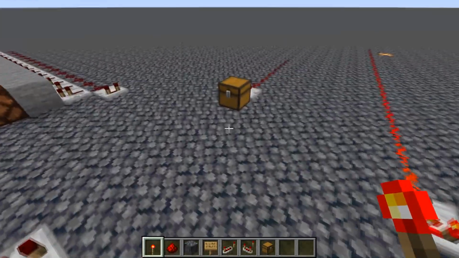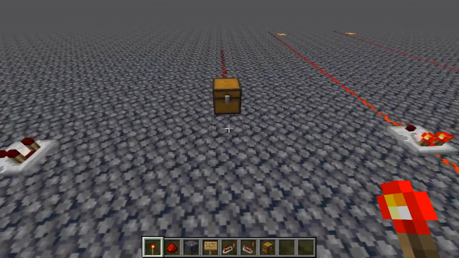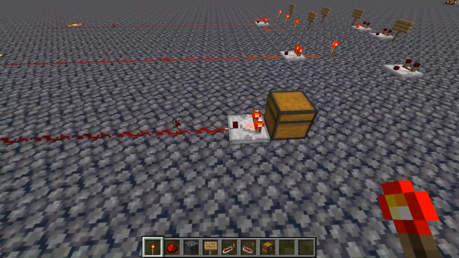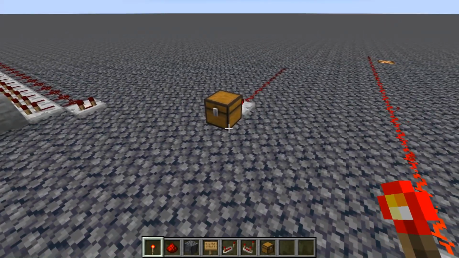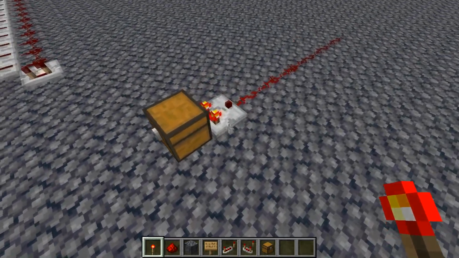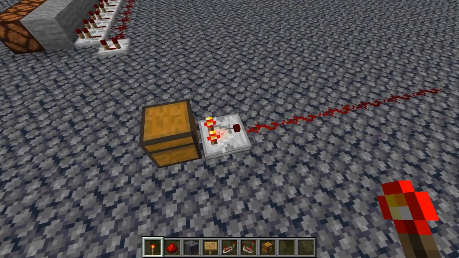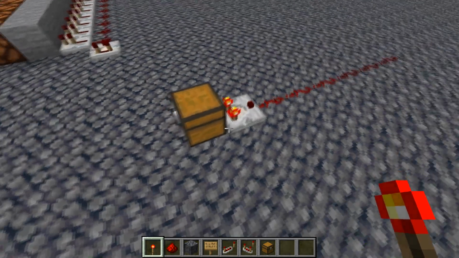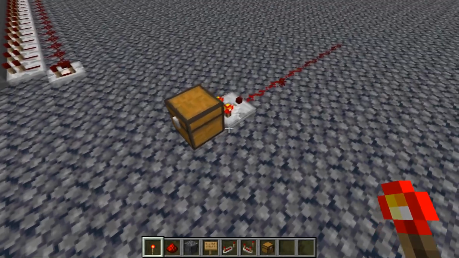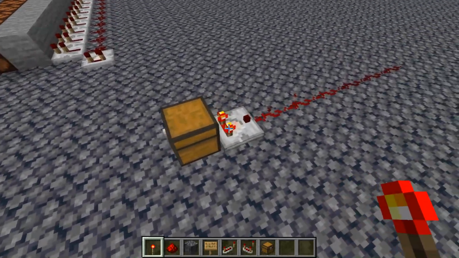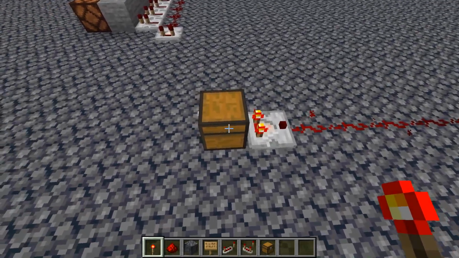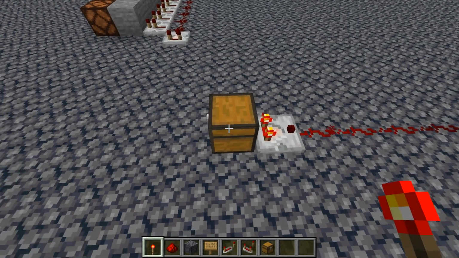The second thing I want to go through with comparators is their functionality with containers and other kinds of blocks. Comparators can work with many different blocks in the game, but the most simple case is a container, like a chest. The comparator analyzes the contents or the state of the block.